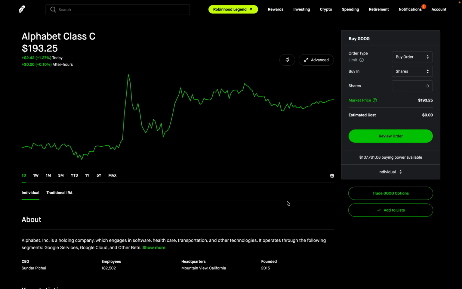If I wanted to buy 100 shares of Google right now, I would need $19,325. And then I would be able to sell calls on those 100 shares. Well, maybe I don't have that amount of money. Maybe I'm trying to sell calls on a different stock. Maybe that stock needs even more money to purchase 100 shares.